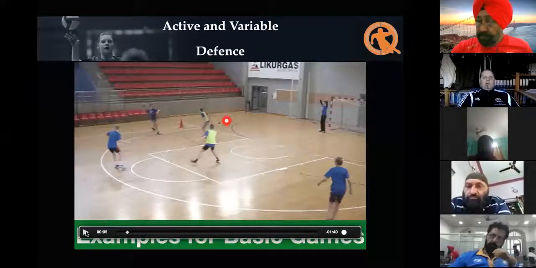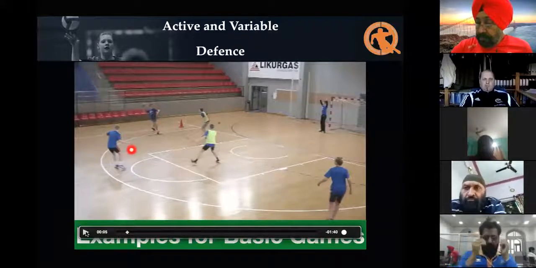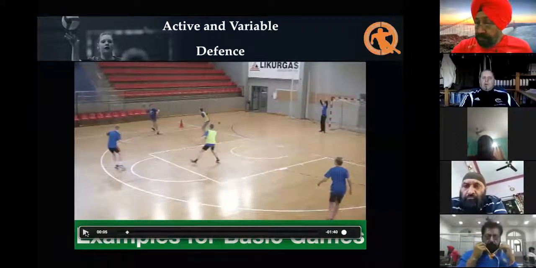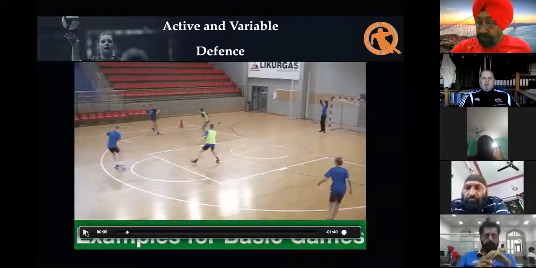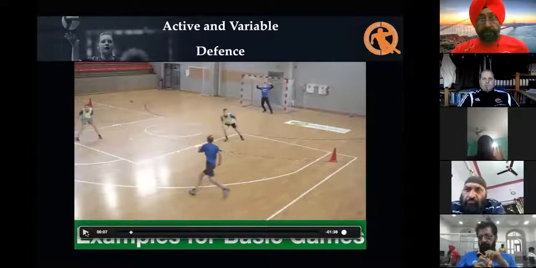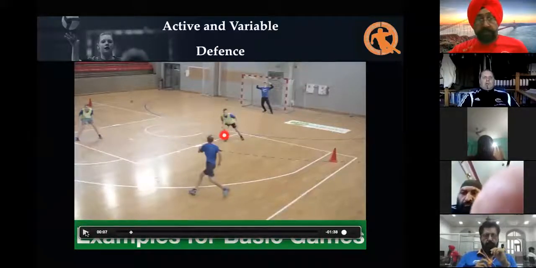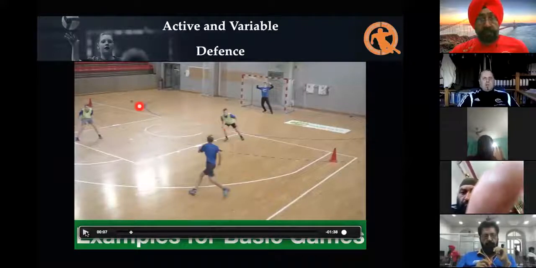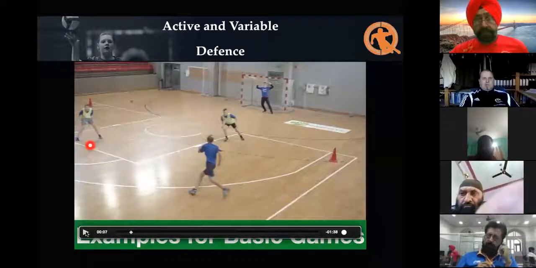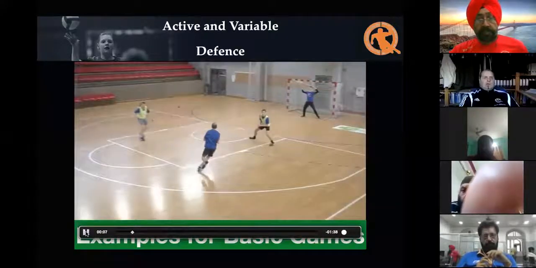But the help side defender is stepping out, pressurizing the player in the center back position. By the time the ball is circulated now to the other side, it's just the other way around. Coming from the open position now to basic position for blocking on the new ball side, but from basic position at 6 meters to open position outside 9 on the help side. So this is the defense way now.